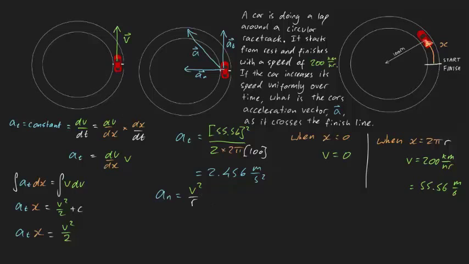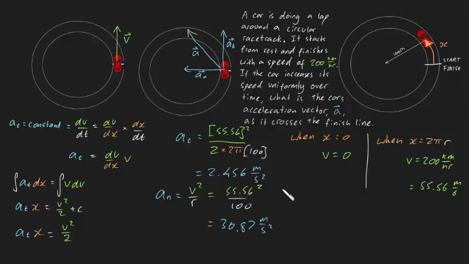When you plug in those values, you're left with 55.56 squared divided by 100, which when you plug that into your calculator, I guarantee you're going to get 30.87 meters per second squared. Okay? In fact, let me write that in blue. 30.87 meters per second squared.